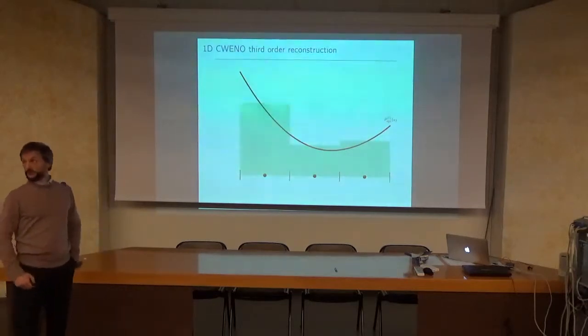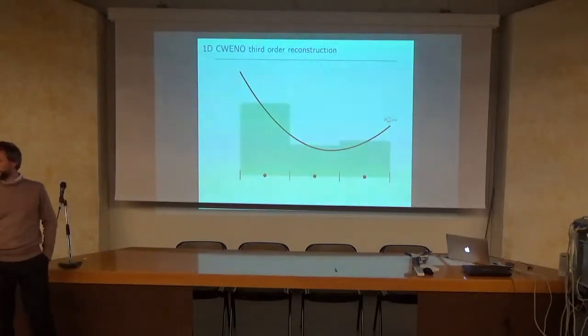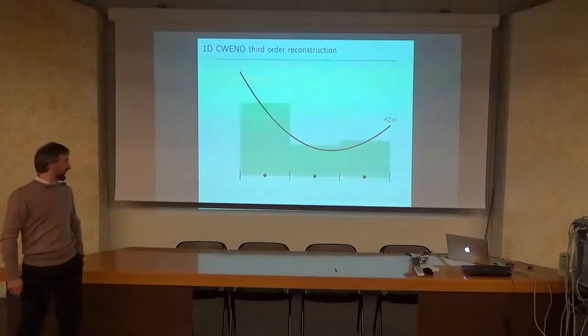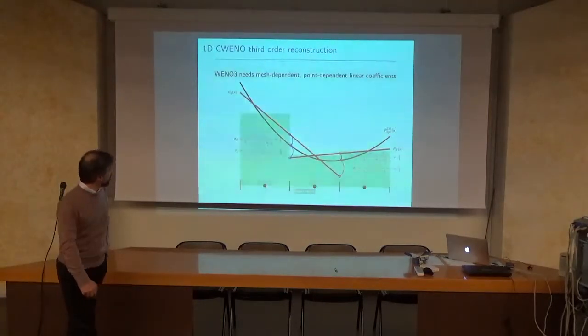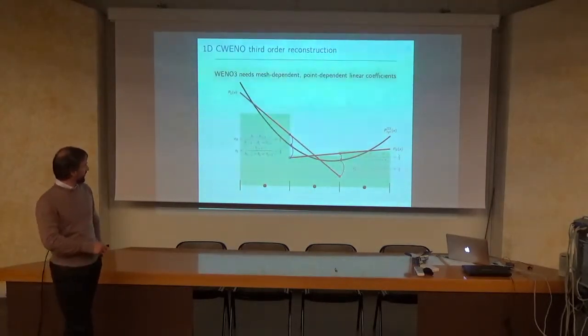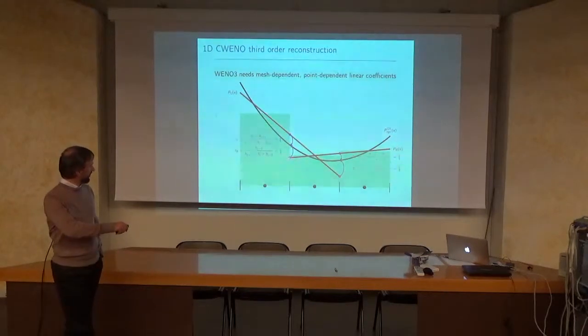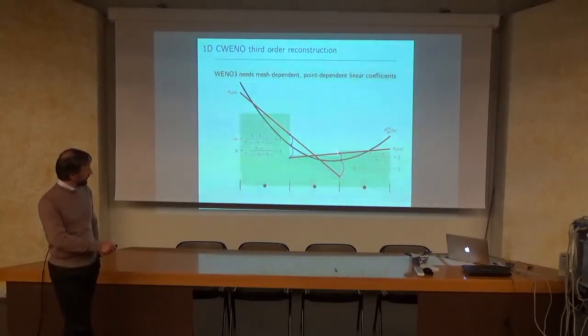But of course, we know that we cannot use that polynomial close to discontinuities because that would give rise to oscillations. So the CWENO3 idea is that instead of using this black polynomial, the optimal one, directly, you consider a right and a left linear polynomial, and on the boundary, you know that you can recover this black value by a convex combination of the two red ones.